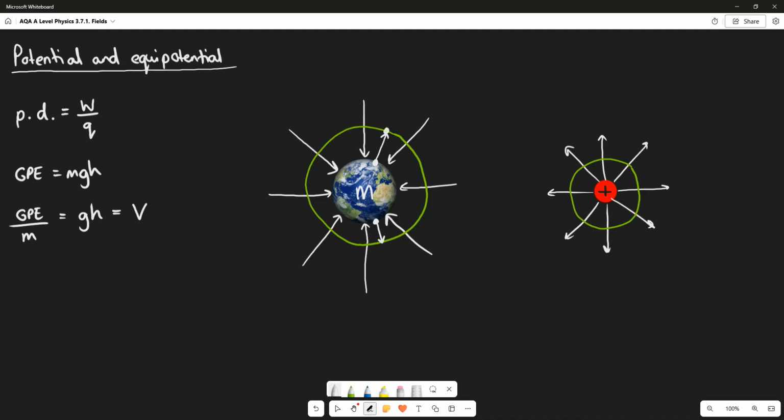But if you then move that object along the equipotential line, you're expending 0 energy to do so. Same for a charge. If you move a charge up to this equipotential line and then move along that line, it took energy to get up there, but then expended no energy moving it along that line.